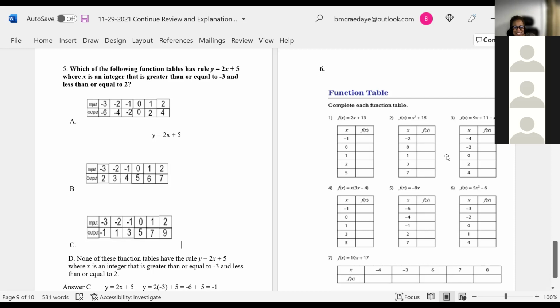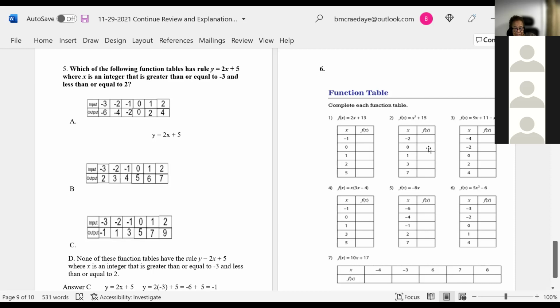Ms. Barbara, it's a -2 squared plus 15? -2 squared, -2 times itself is a +4, right? Yeah. And a 4 and a 15 would give you 19. So that first F of X is 19. Got it? And if it's 0, 0 squared is just 0.